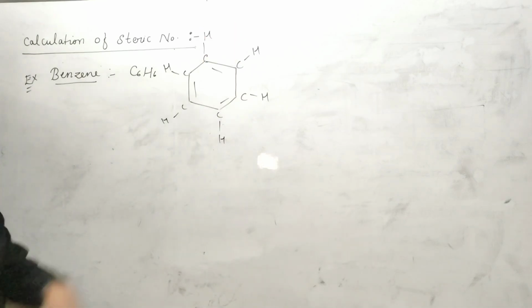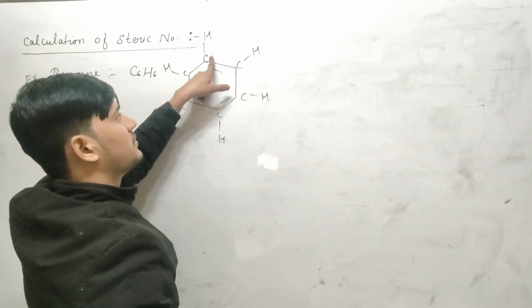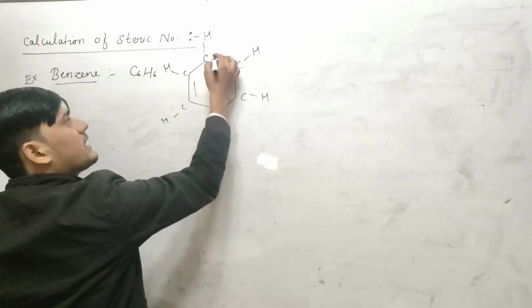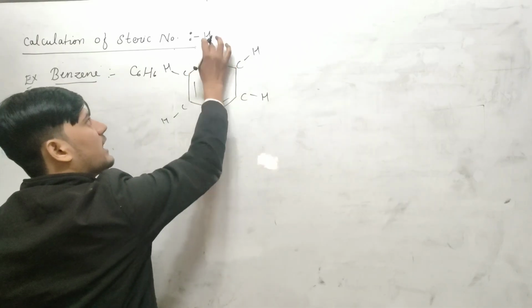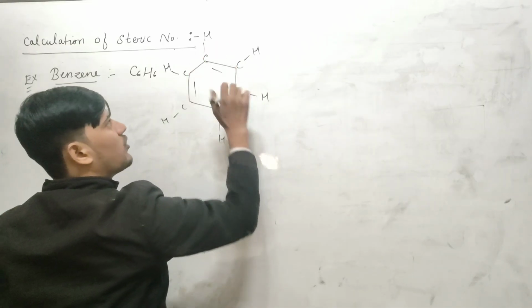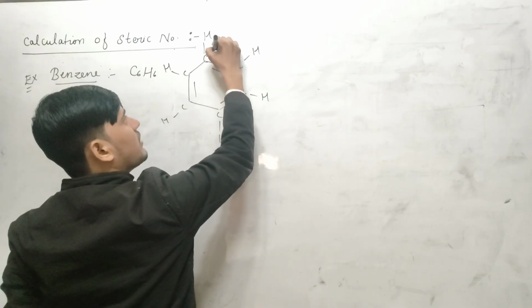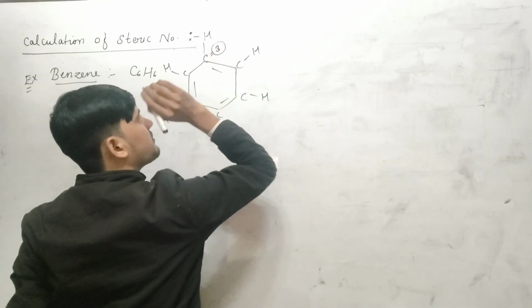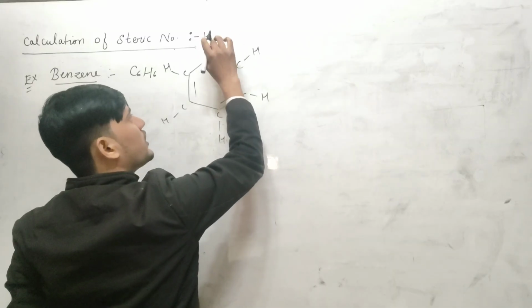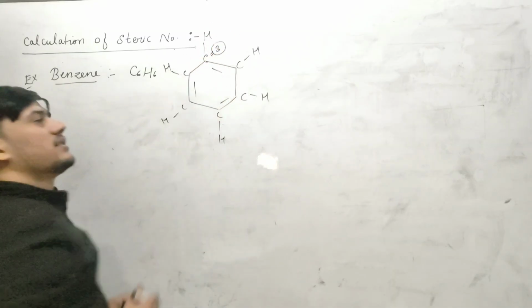For this carbon atom, there is 1 sigma bond, 1 sigma bond and 1 sigma bond, so there are 3 sigma bonds. So the steric number for this carbon atom will be 3, and the geometry corresponding to this will be planar.